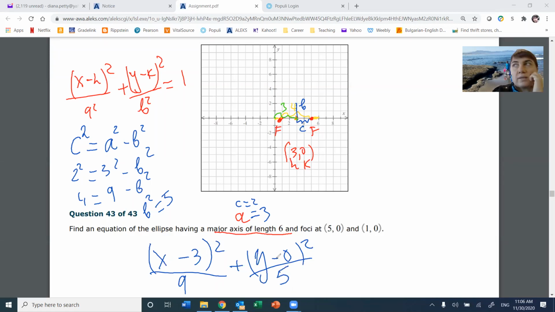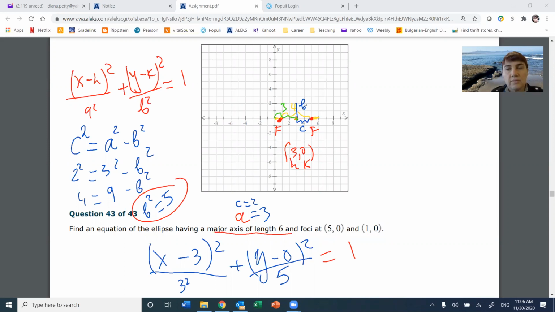So 3 squared on the bottom is a squared, and b squared turned out to be 5. Equals 1. This is the equation of this ellipse.